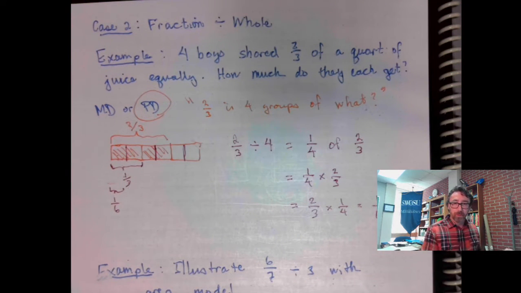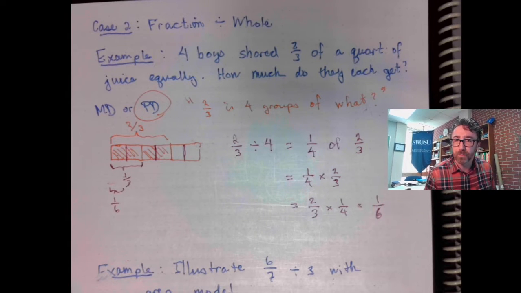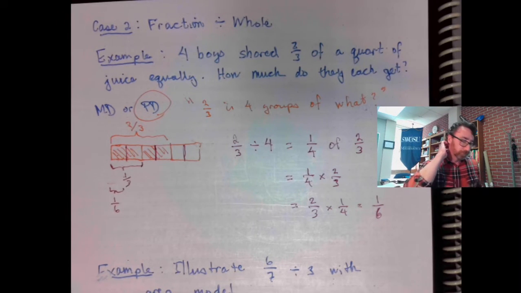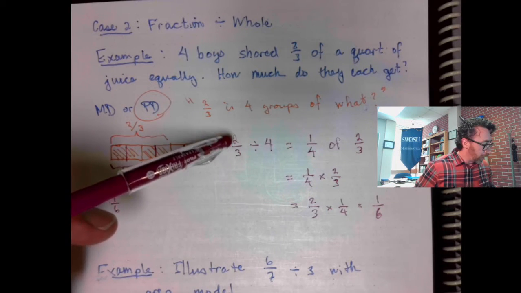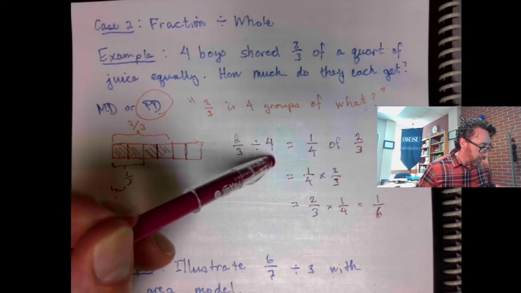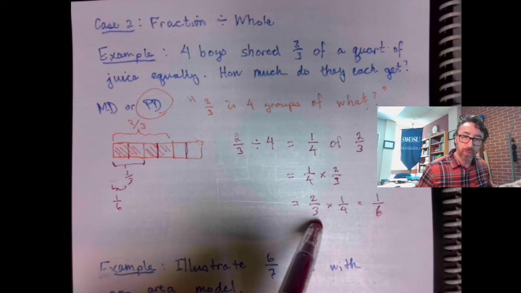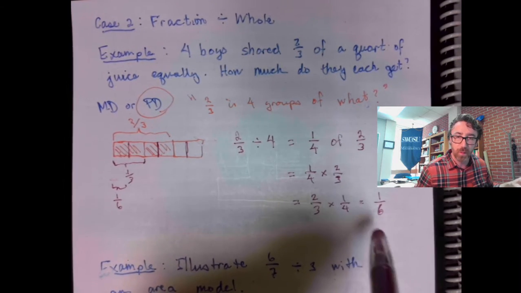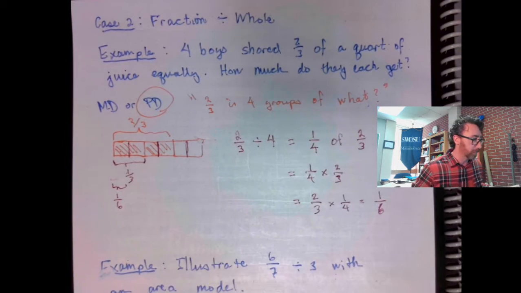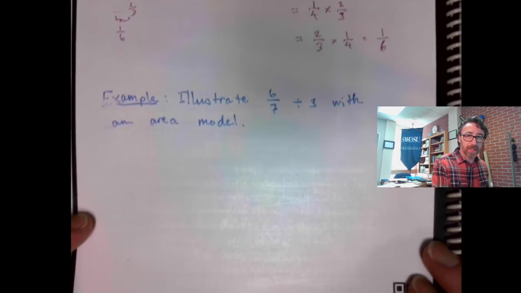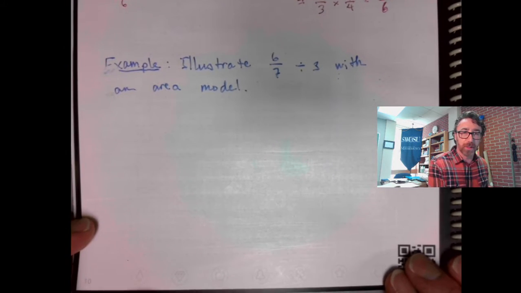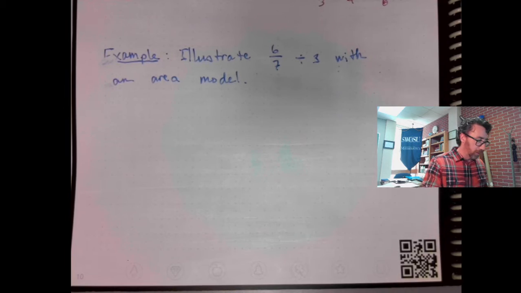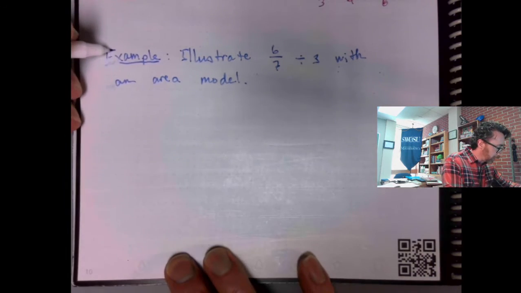Okay, so 2/3 divided by 4 is equivalent to taking 2/3 times 1/4. Okay, so we're moving toward that invert and multiply idea. Okay, here's another example. It's not a word problem.